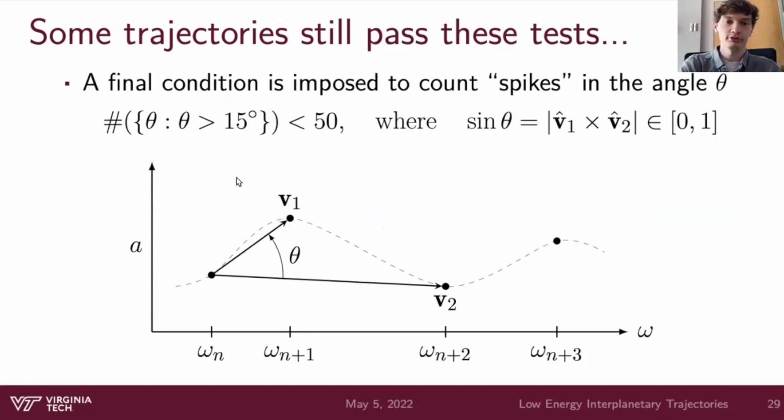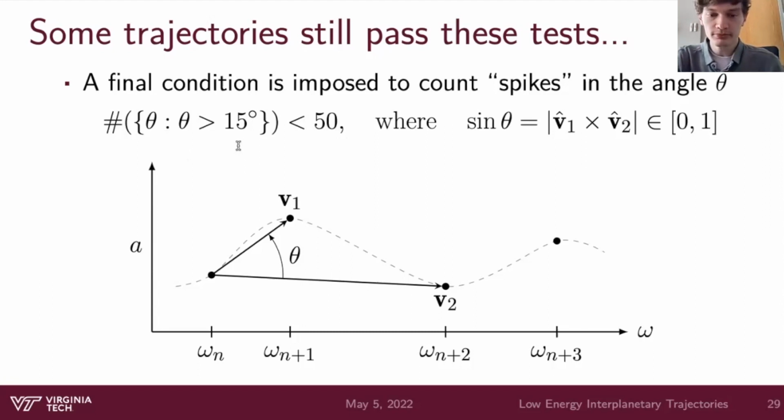Similarly to the gradient, we're going to give it a fighting chance of being a RIC, but if it's not, it's going to naturally point itself out and eliminate itself. So we're just saying, count the number of times that this angle exceeds a certain threshold, in this case 15 degrees, and if it does that more than 50 times, you're out.